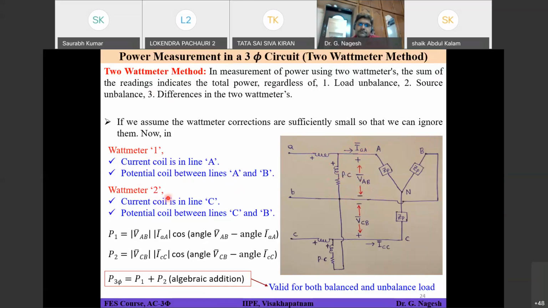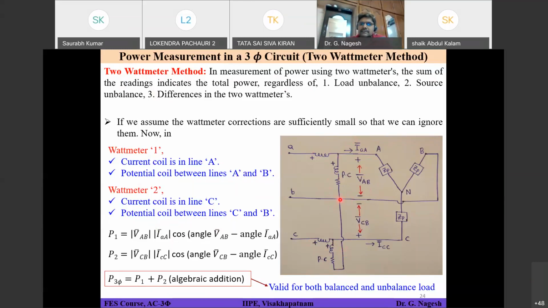Coming to wattmeter 2, it will also have two coils, one current coil and one potential coil. The current coil is in line C, and the potential coil is between lines C and B. That means the B phase we have made the common terminal for both wattmeters.